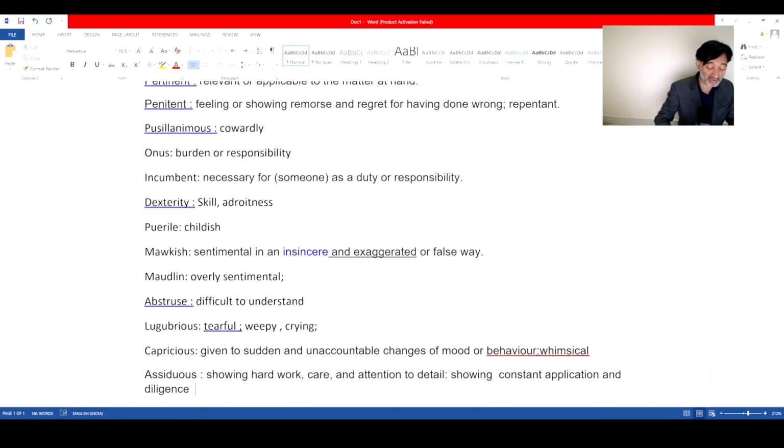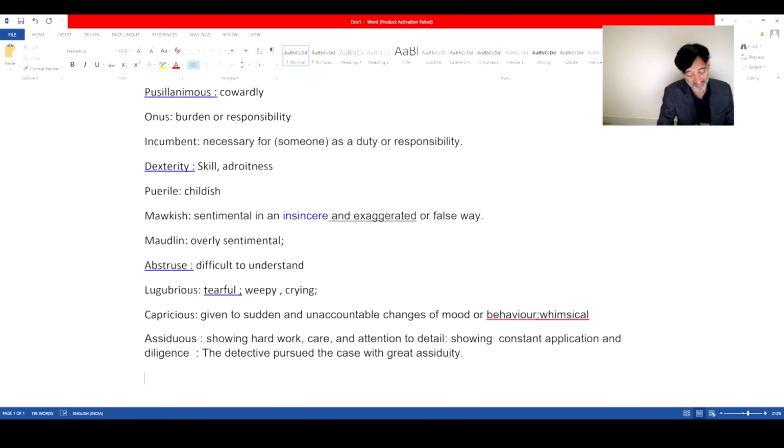Example sentence would be: the detective pursued the case with great assiduity, right?